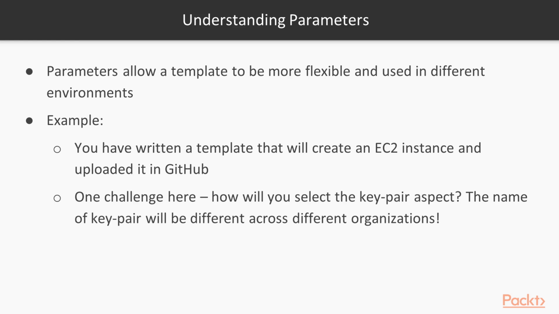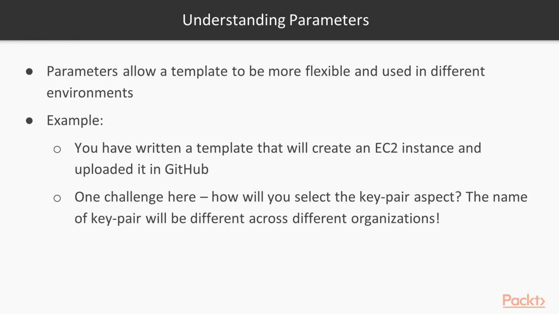Now, if you have uploaded it to GitHub, the challenge is that, depending upon different environments, every environment will have a different key pair name. So in my AWS account, I will have a key pair name called Zeal. However, in your AWS account, the key pair name would be different.